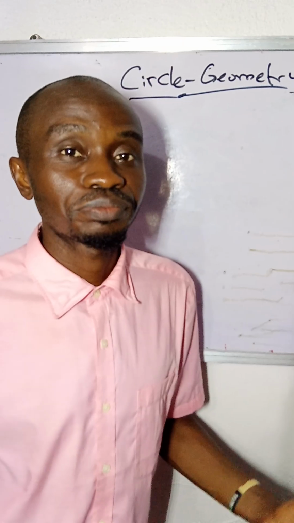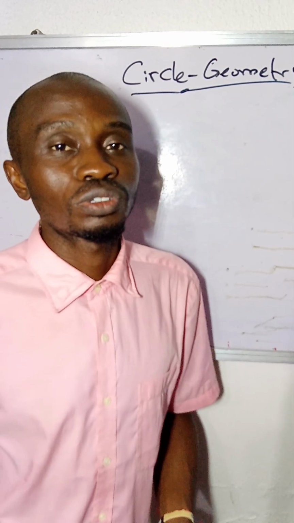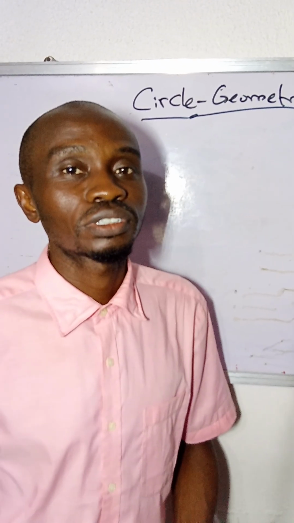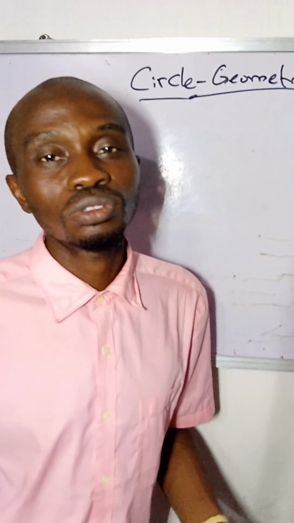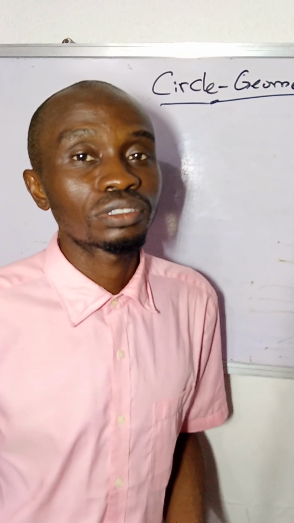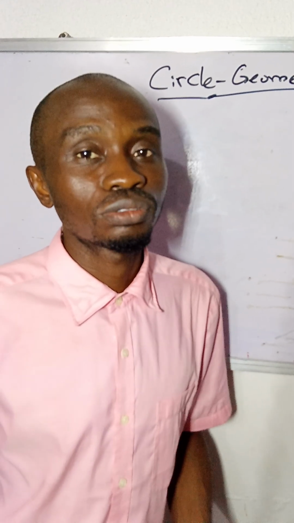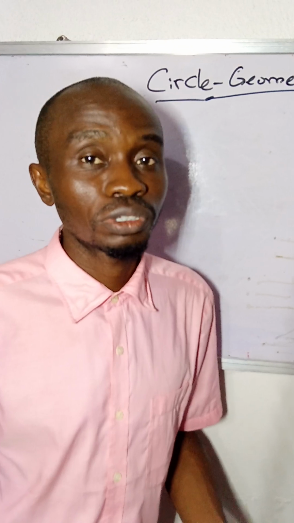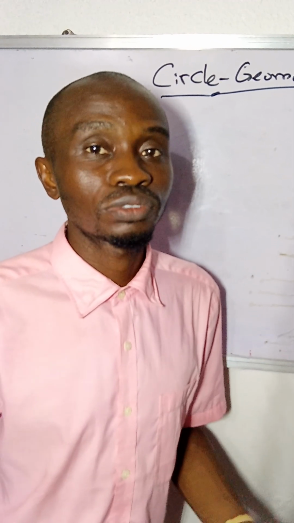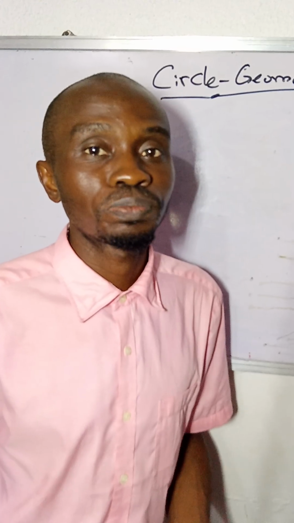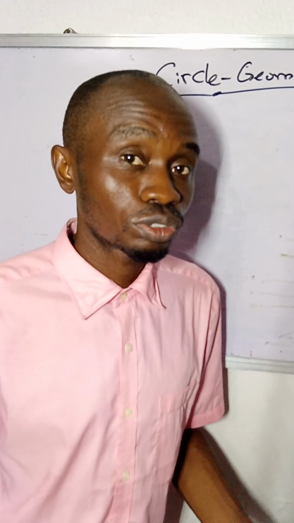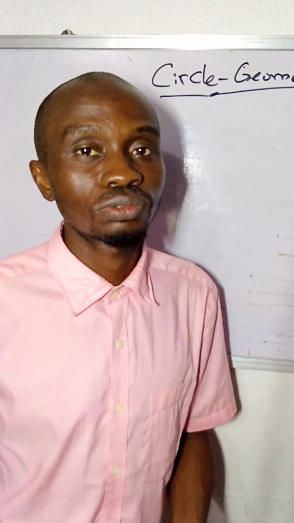Circle geometry has theorems, and you have to know all the theorems offhand. It also involves line theorems as well, such as alternate angles, and sometimes corresponding angles are introduced. We also have triangle shapes, rhombus, trapezium, and so on, to mention but a few.